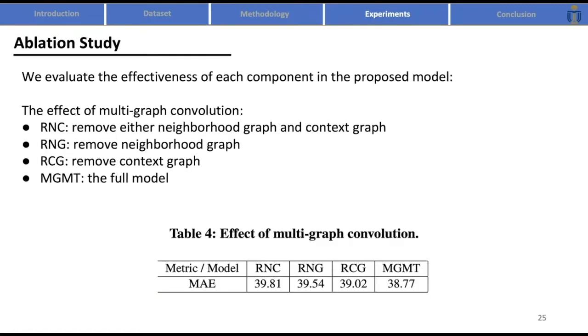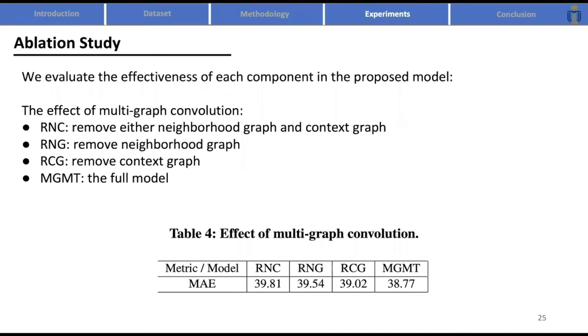After that, we also evaluate the effectiveness of each component of our proposed model. We first test the effect of the multi-graph convolution module. Specifically, we evaluate 3 variants of our model. RNC removes both the neighborhood graph and context graph, RNG removes the neighborhood graph and RCG removes the context graph.